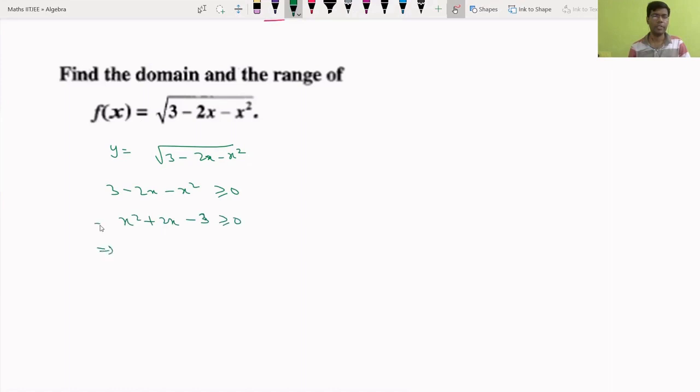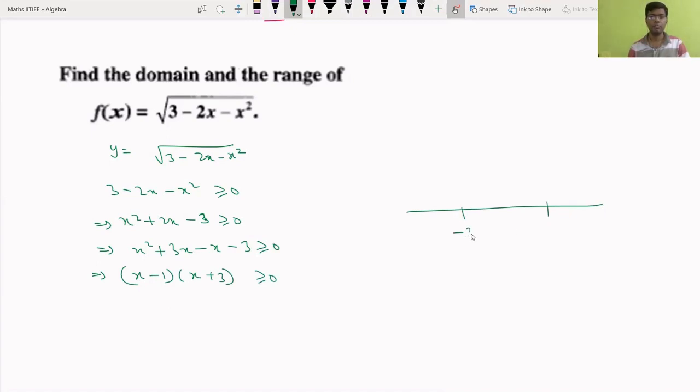Let us simplify it, and we get x² + 3x − x − 3, which is (x − 1)(x + 3). Again, we use the same method. So this is −3, because I have x + 3, so I put −3 here and 1.